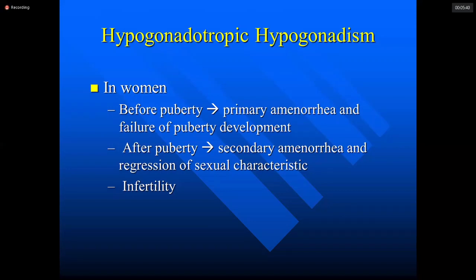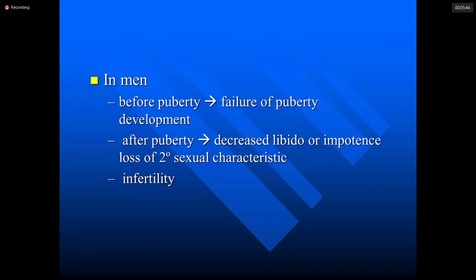Or it could be manifesting as infertility in men as well. It depends on the timing of the lesion happening before puberty or after puberty, and it can as well be manifesting with complaints about infertility when people try to conceive and get children.